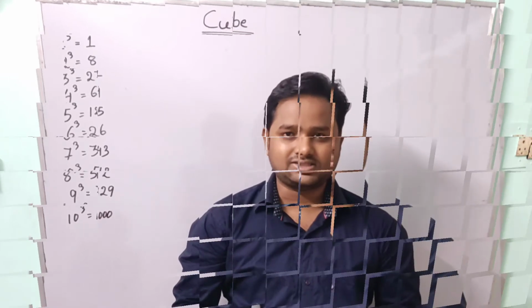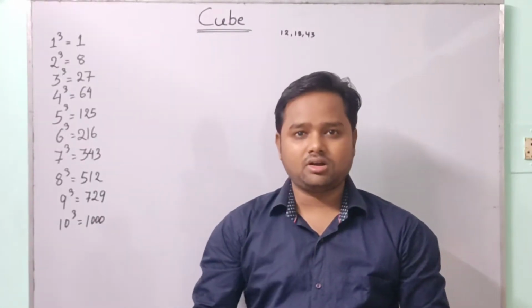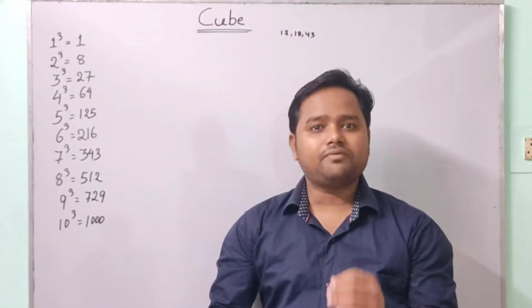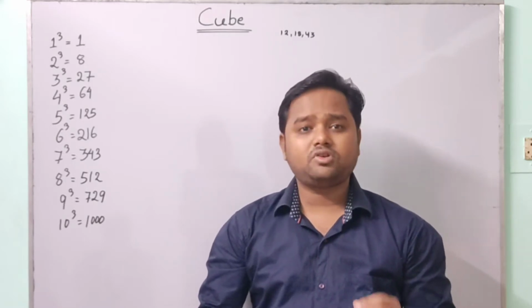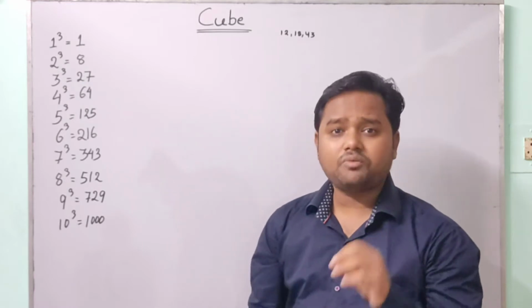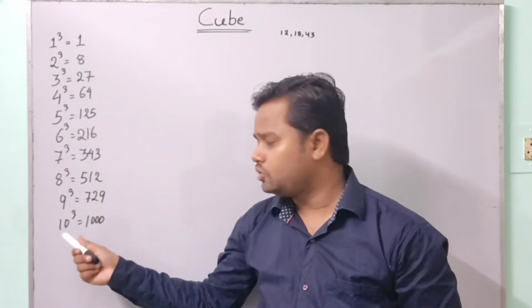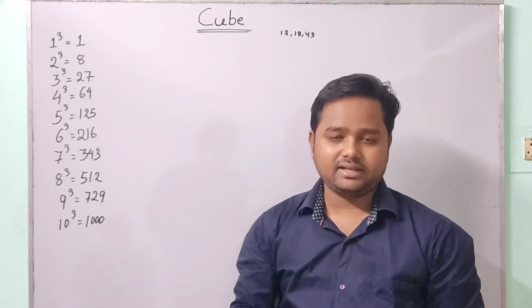Let's start our class. In the examination hall, most of the time the cube of a two-digit number is required. So first we have to remember the cubes from 1 to 10. It is the most important thing to remember.